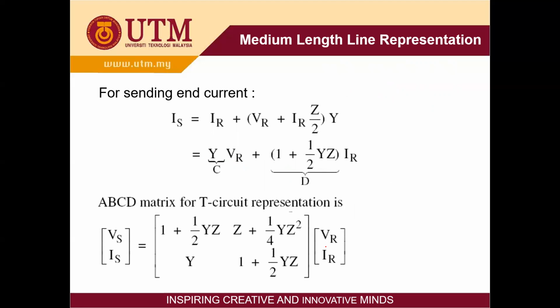So this is the equation. Is is equal to IR plus the current through the admittance.